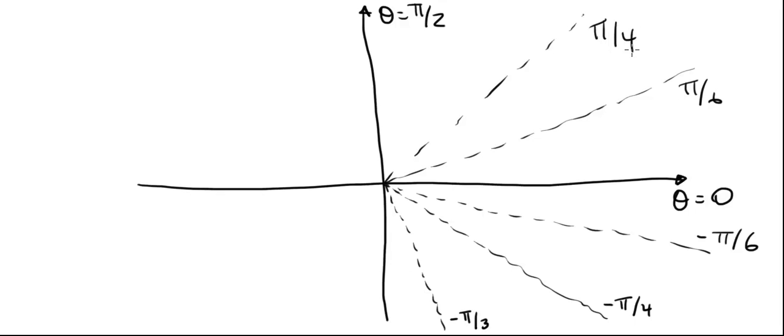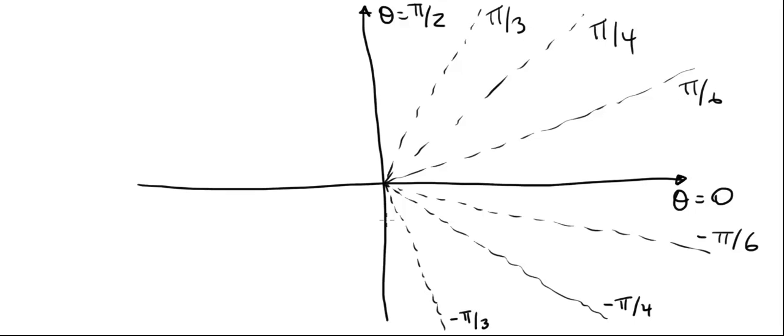This angle here is representing minus pi over 3, and then this angle in the middle, theta equals minus pi over 4, and this angle will be minus pi over 6, and similarly we have pi over 6 and pi over 4, and over here pi over 3.